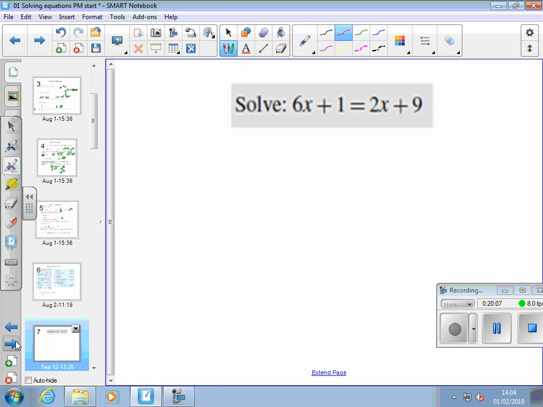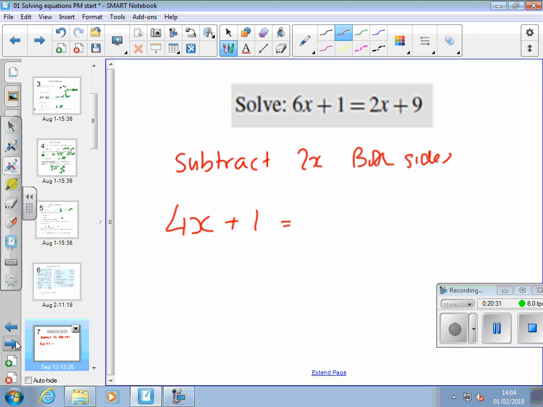Okay, so what are we going to subtract? We end up with, on the left-hand side, 4x plus 1 is equal to 9. Yeah?